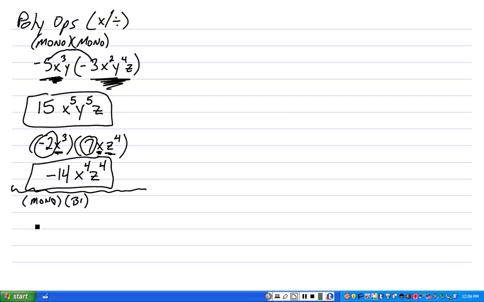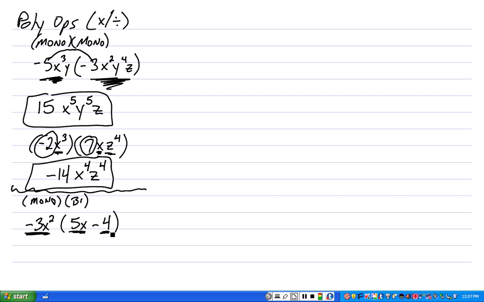So now we have a negative 3x squared times, let's say, 5x minus 4. So our monomial, one term, times our binomial, two terms. So again, we're going to multiply the coefficients.